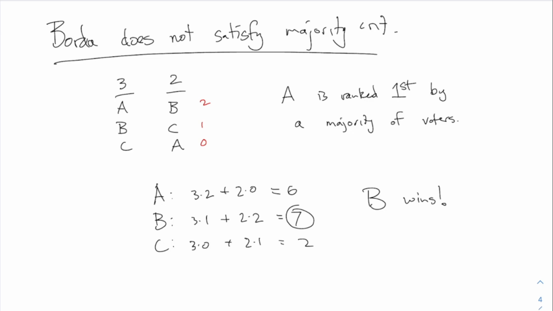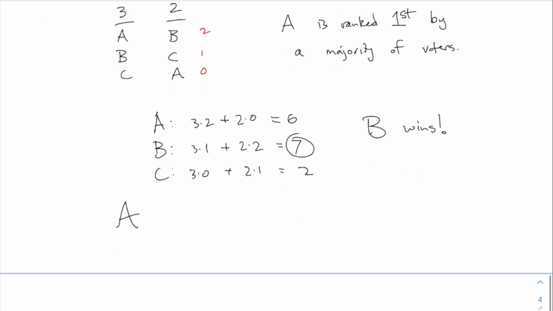So this example demonstrates that the Borda does not satisfy the majority criterion. All it takes is one example to show that it is not satisfied. If you want to show it is satisfied, you need to argue logically. You can't just show a particular example. Okay, so summarizing the important point here, A was ranked first by a majority, but A lost using Borda.